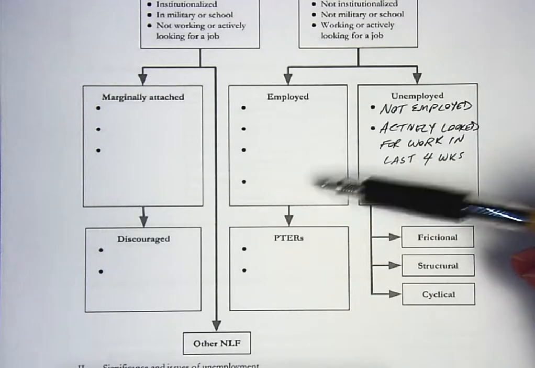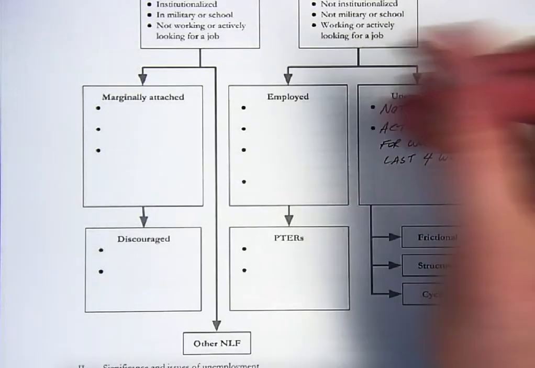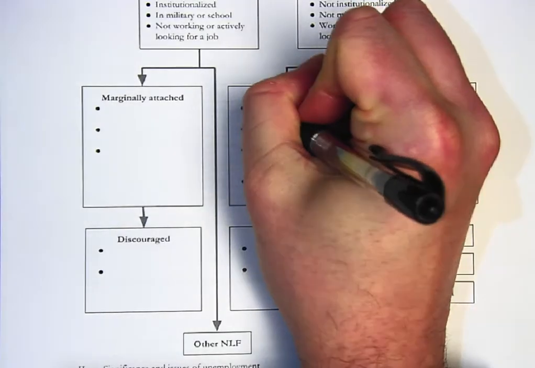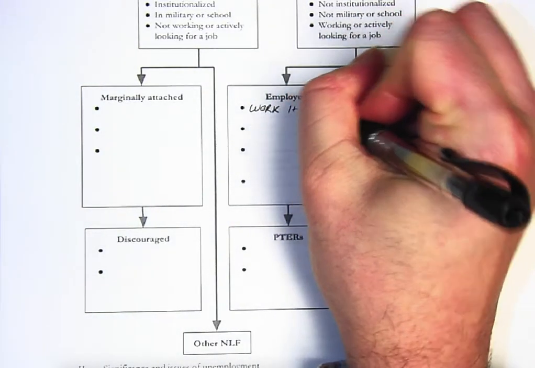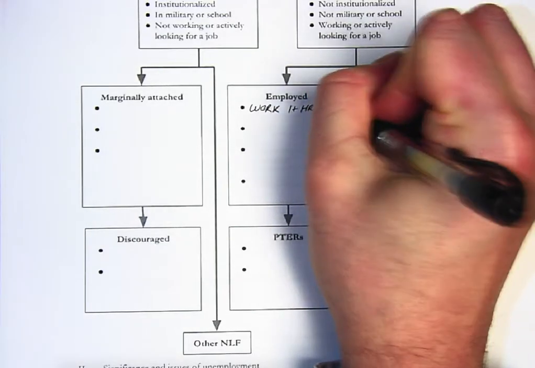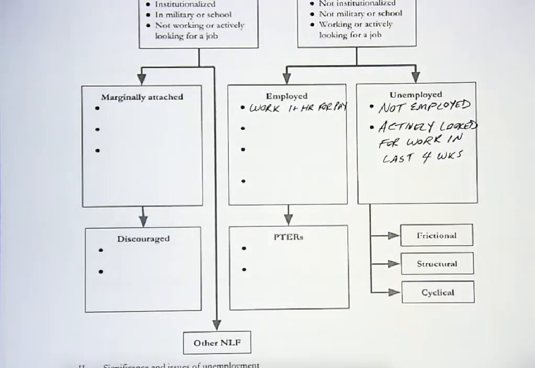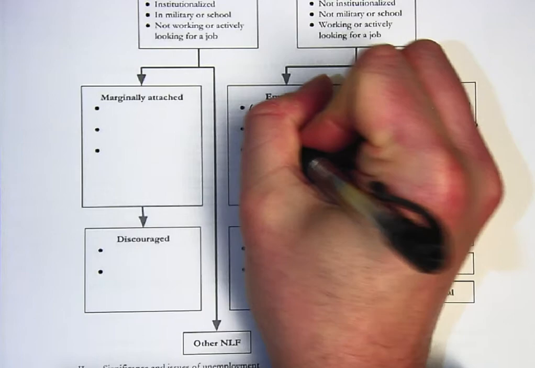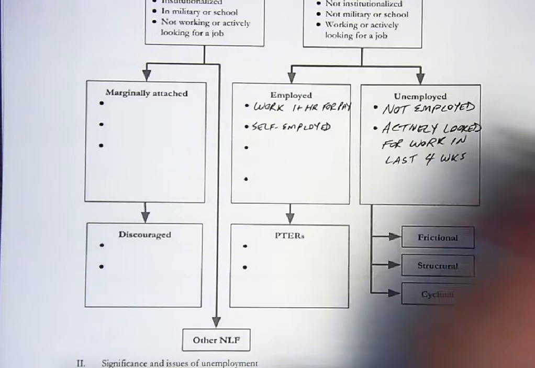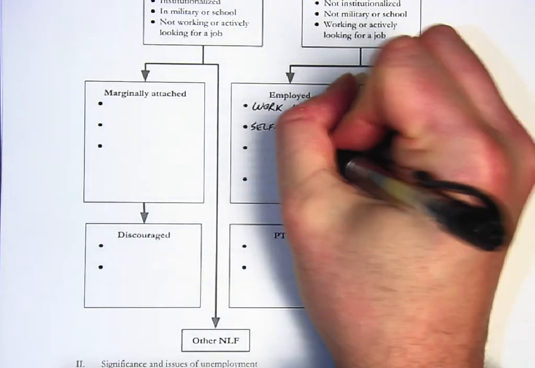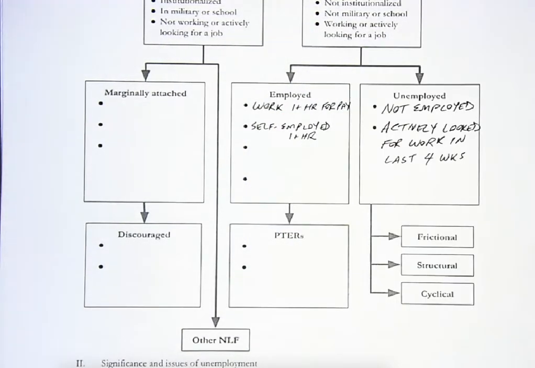Now, employed people meet at least one of these characteristics. Work 1+ hour for pay. If you worked an hour for pay, then you count as employed. Or if you were self-employed, even if you didn't take a salary, for 1+ hour in the last week.